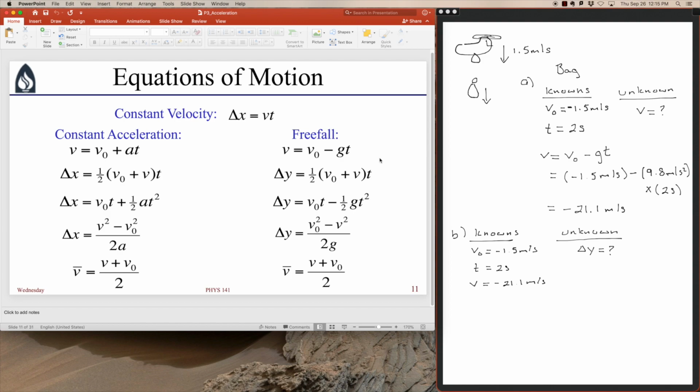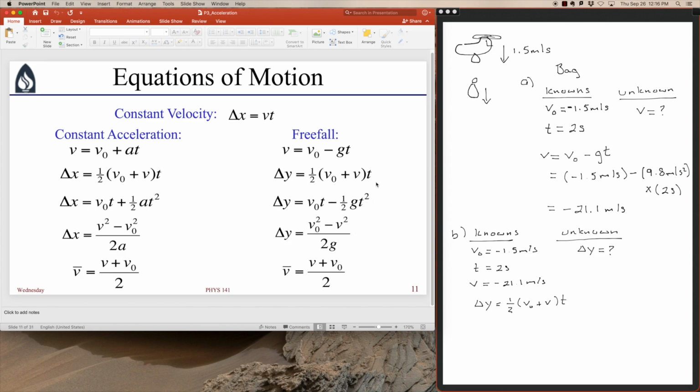So I guess I'll choose maybe this second equation, which is that delta y is equal to 1/2 (v naught plus v) times time. Although I could have just as well chosen this one or this one. Any of those three would work.